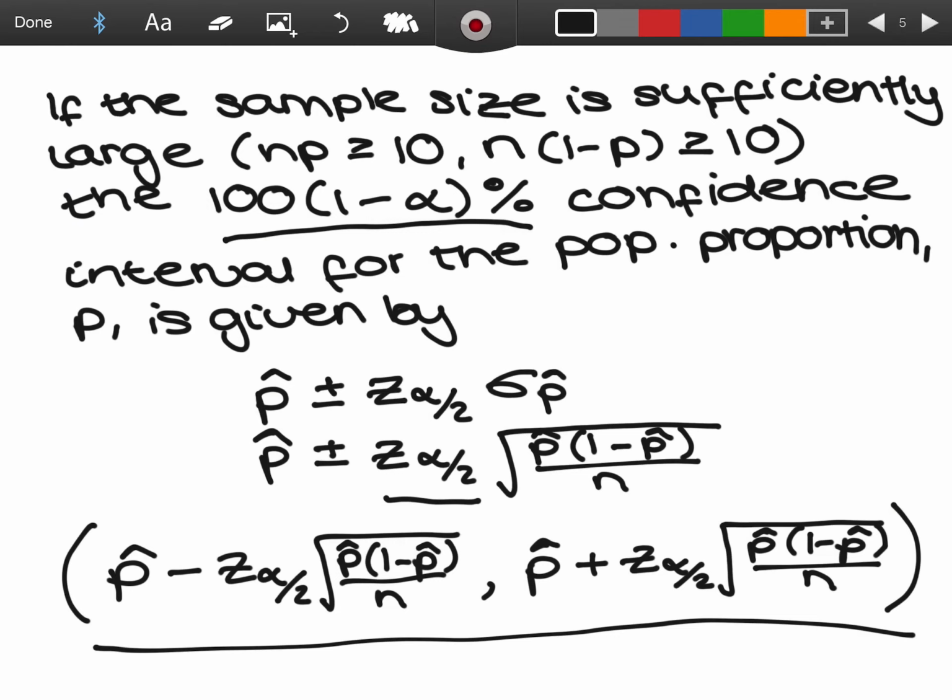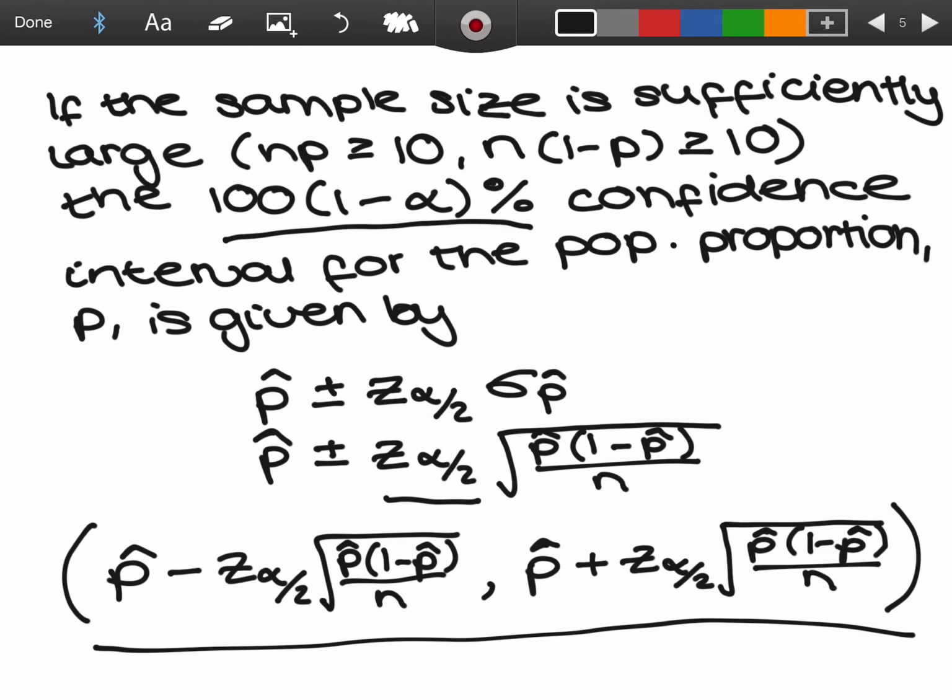As always, you do not have to do this by hand. There is a function on your calculator that will calculate this interval for you. If you go to stat, go across to tests, this is exactly where we found all the z intervals and t intervals from 10.2.